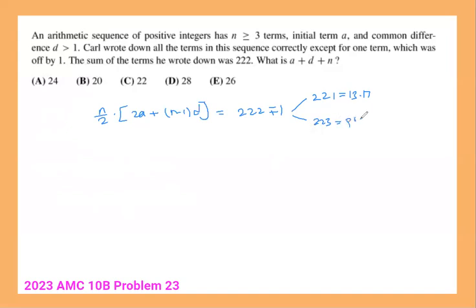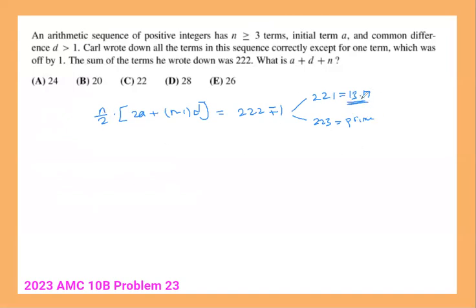There are no other factors other than itself and 1. But we cannot really have n as 1, because we are told n is larger than or equal to 3. So 221 is the only shot we have.